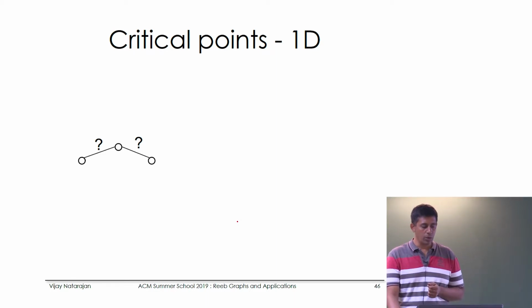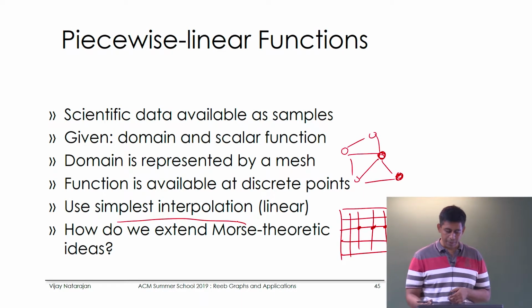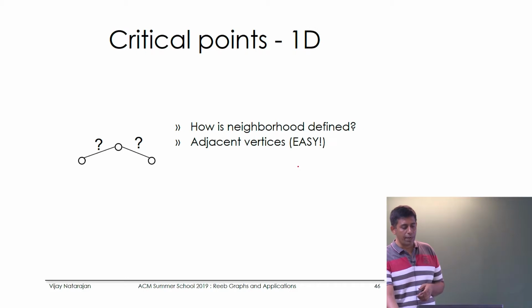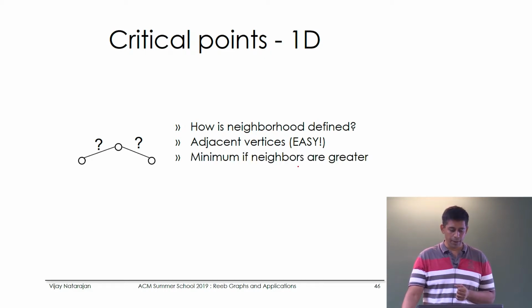Here our assumption that the domain is represented by a mesh will come to save us. The neighborhood will be defined by just adjacent vertices, which means you need to have notions of edges in your domain.